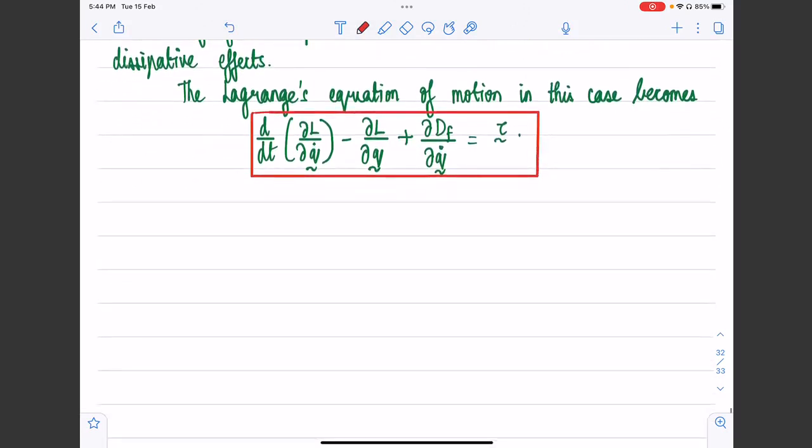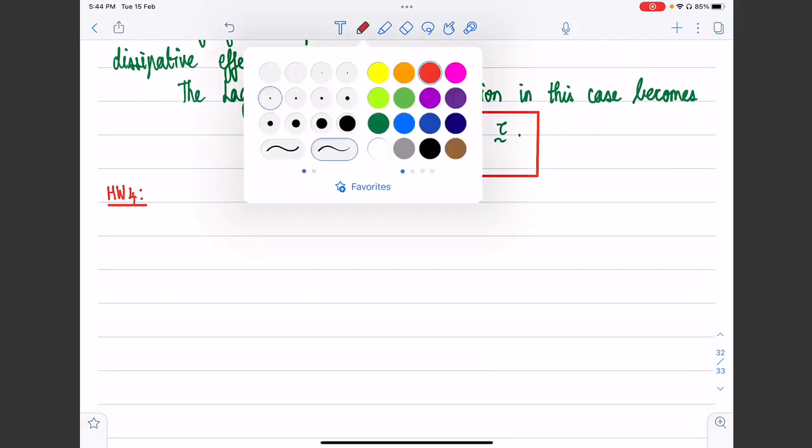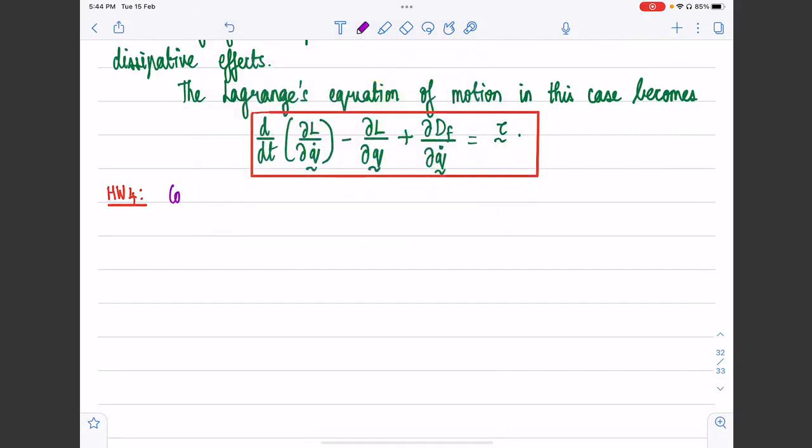In this particular case, we have the dissipation function. Now let us consider the mass spring damper system. This is the first problem I'm going to give you in homework number 4. Consider a one degree of freedom mass spring damper system.